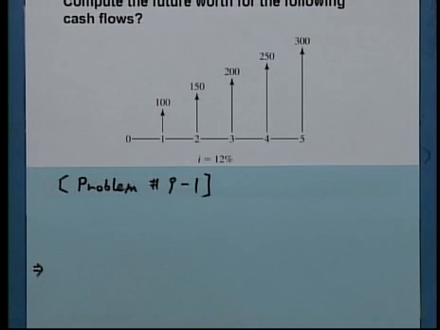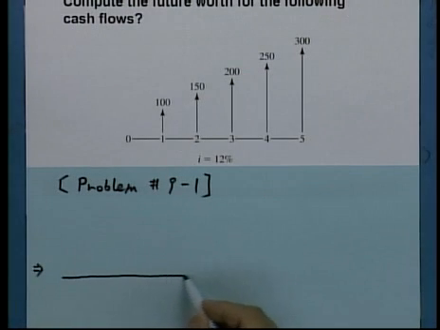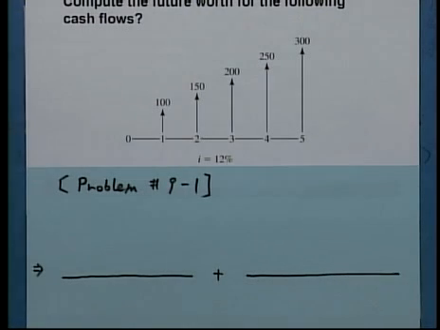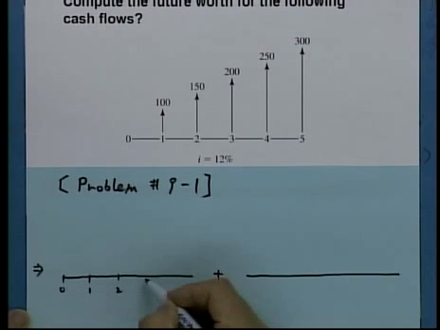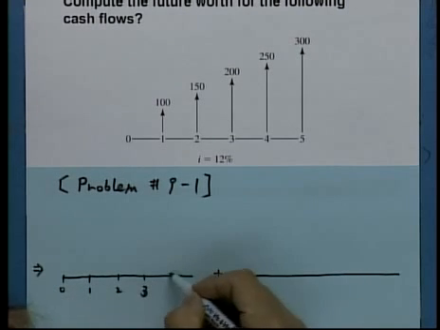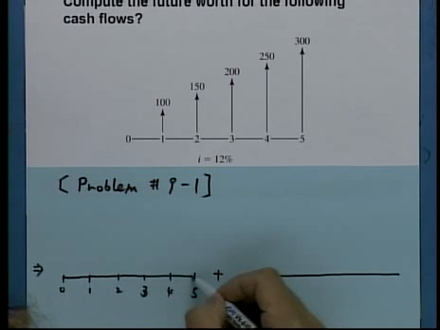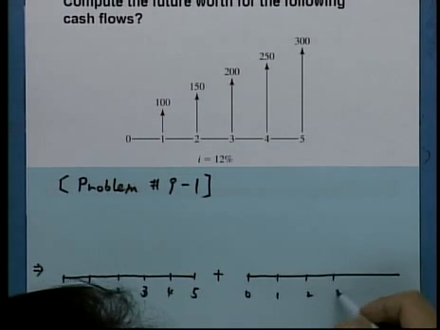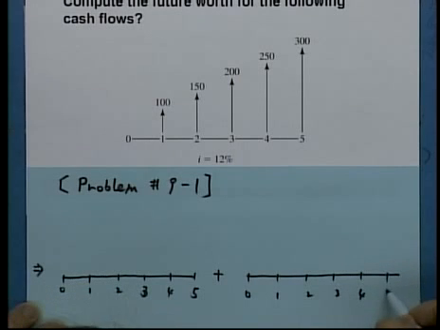So this given cash flow can be broken into these 2 components. 0, 1, 2, 3, 4, and 5. 0, 1, 2, 3, 4, and 5.